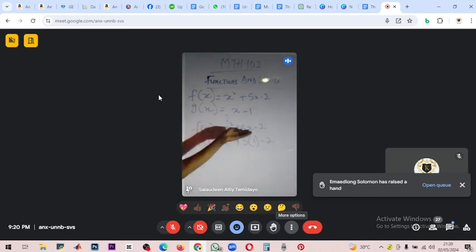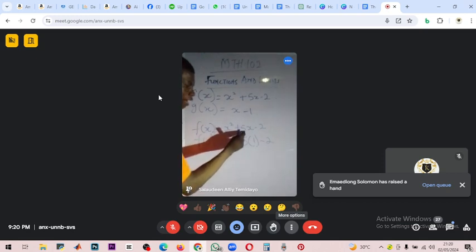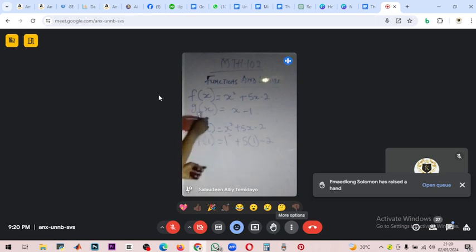So f of x is this. So f of 1 is going to be that x squared. That is 1 squared plus 5 times x, which is 1. You can just look at it. x is representing 1. 1 is representing x here. f of x, that means I'm changing it to f of 1.